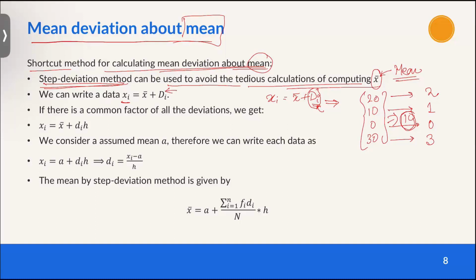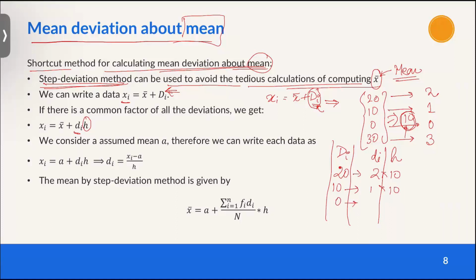Similarly, if these capital Di have a common factor, you can take that factor out and write small di. So for 20 deviation, you can write 2 into 10. So these are di, this is small di and this is h. Okay. For 10, you can write 1 into 10.